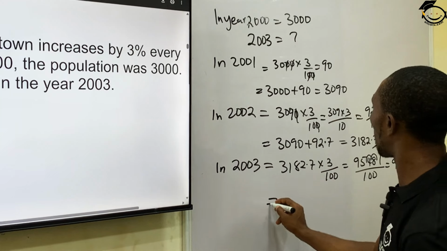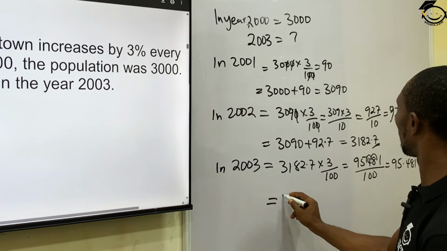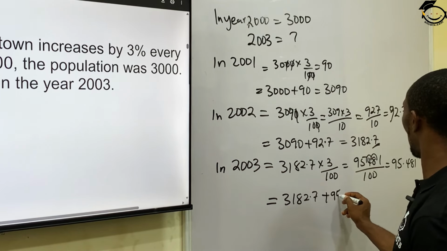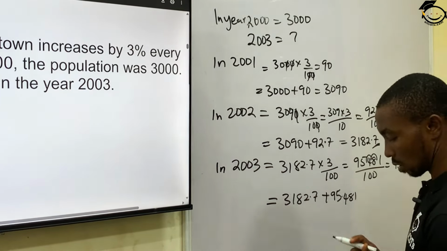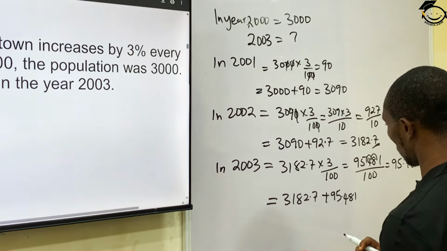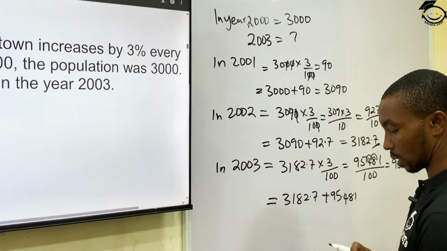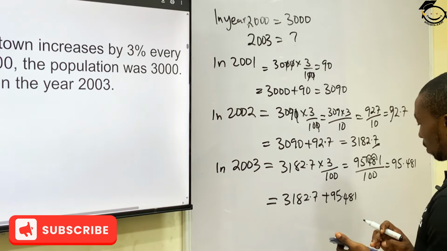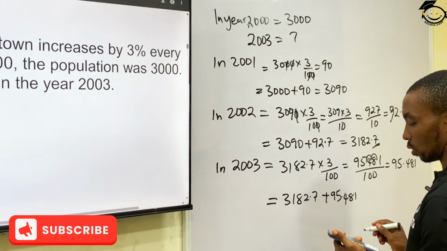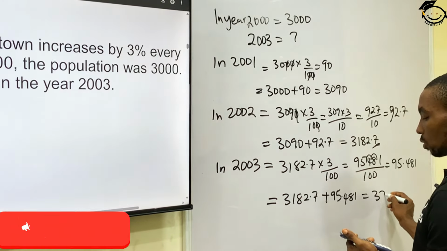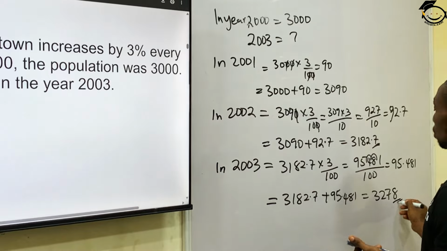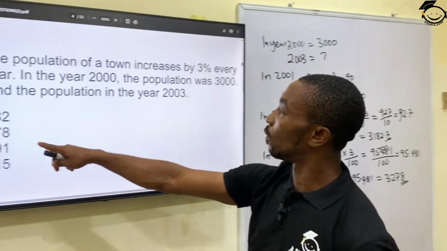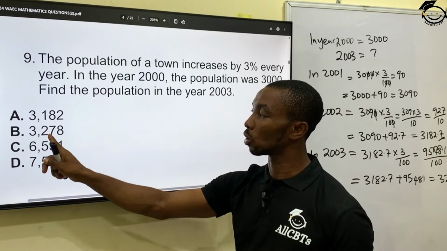Now, our population for 2003 will become 3,182.7 plus 95.481, which will give us 3,278. So 3,278 will be the population for 2003, which is option B.